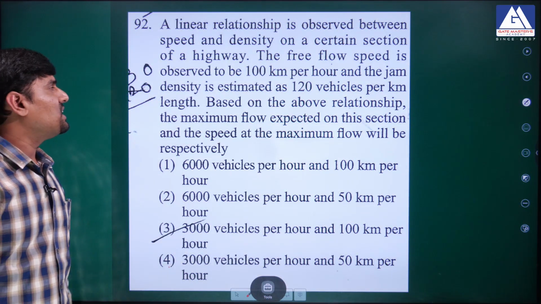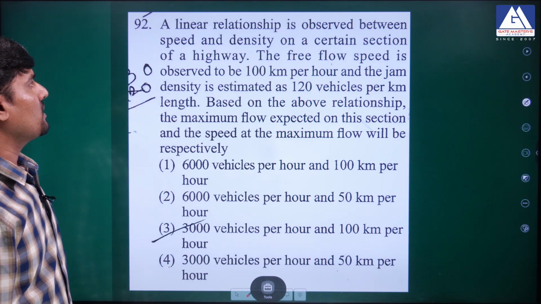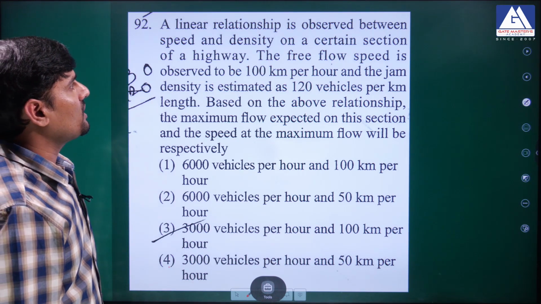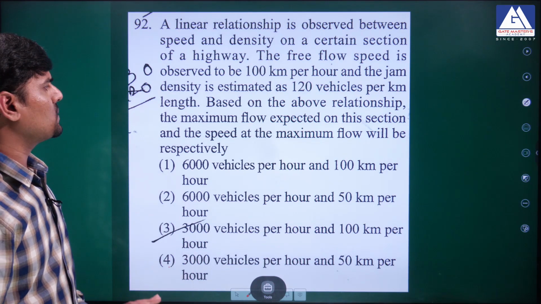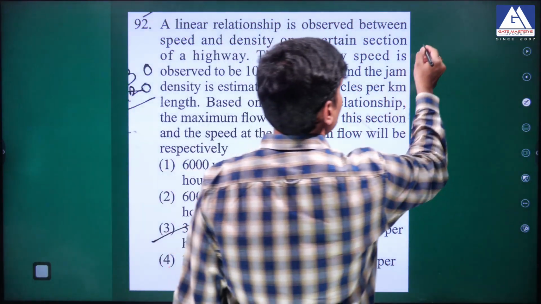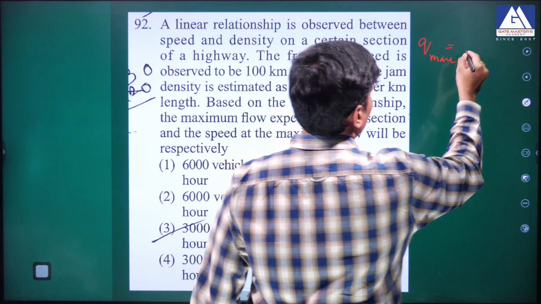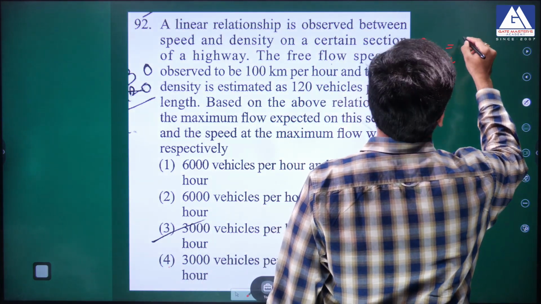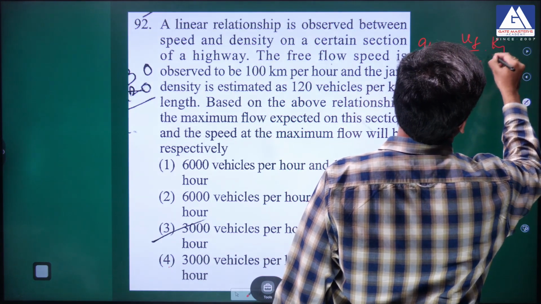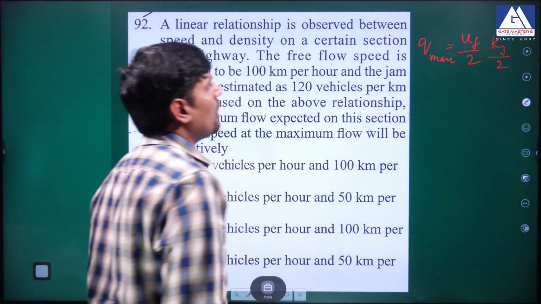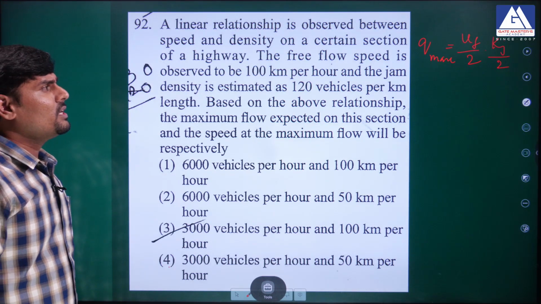The question number 92. A linear relationship is observed between speed and density on a certain section of a highway. So, it is very clear that the relationship between the speed, flow, density is Qmax is equal to UF by 2 and Kj by 2. We know how it has been obtained from the fundamental relationship.